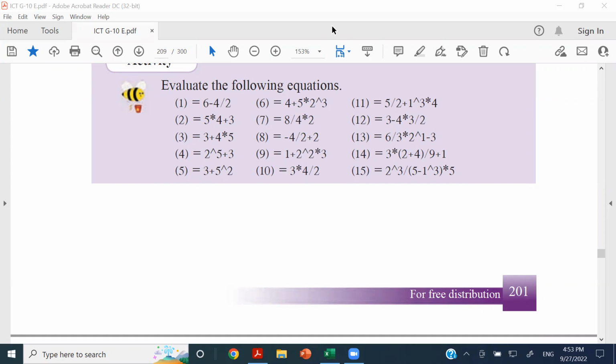Let me tell you how we go. First you have to do 2 to the power 3, right? So 2 to the power 3 is 8. Then 8 into 5 will happen. Then 4 will be added.